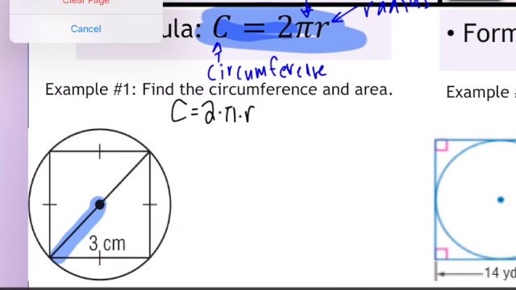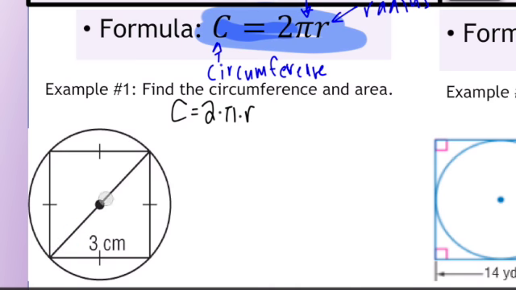So what I notice is that inside of this circle, I have a square, an inscribed square. So a square is going to be made up of 2 triangles. So I have some triangles there. All right, if that's 3, this is going to be 3 centimeters. And this is a 90-degree angle because it's a square.